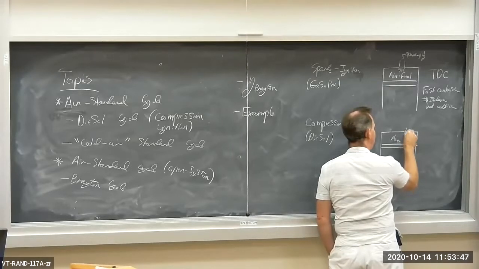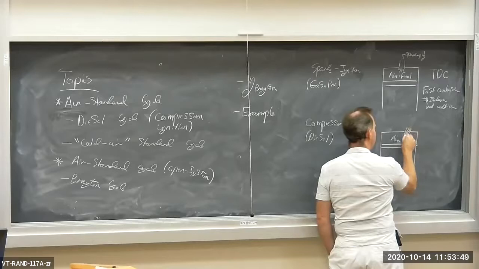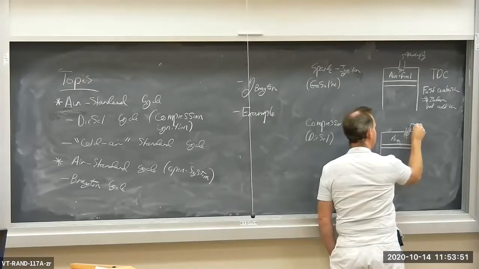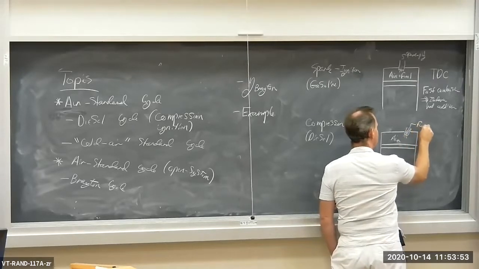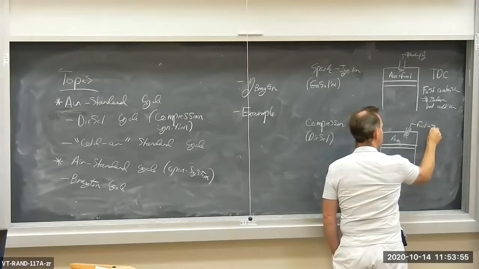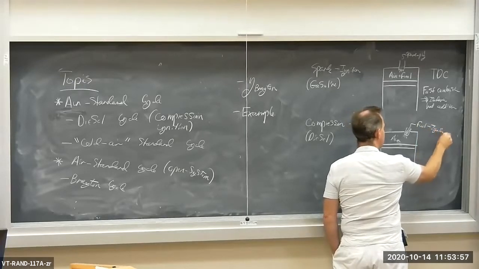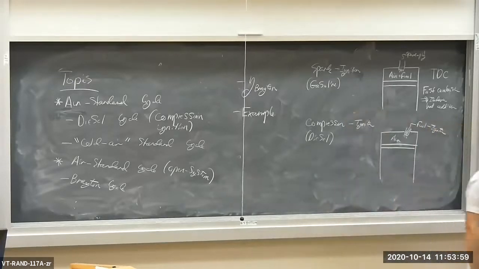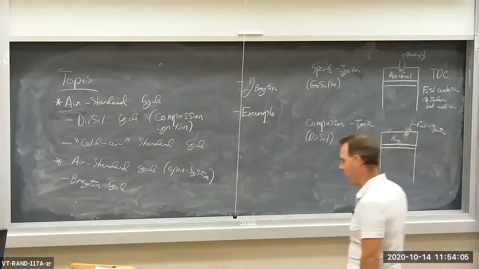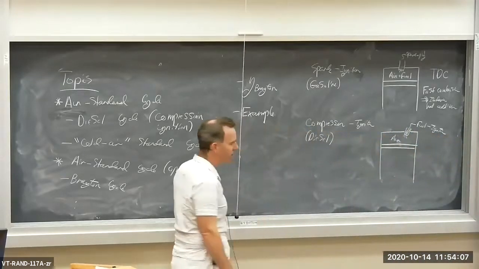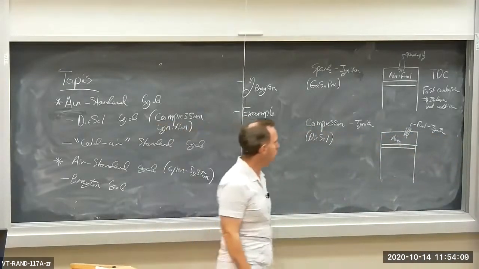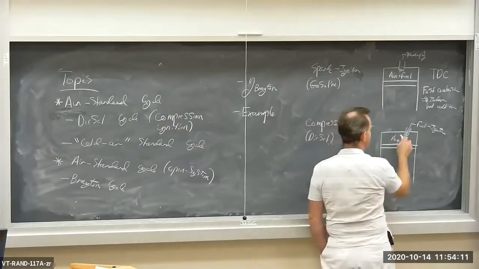So there's a little passageway here, and we are squirting fuel. Fuel injection. We're squirting fuel into this highly compressed, high pressure, high temperature air near top dead center, and the fuel burns as it is injected.